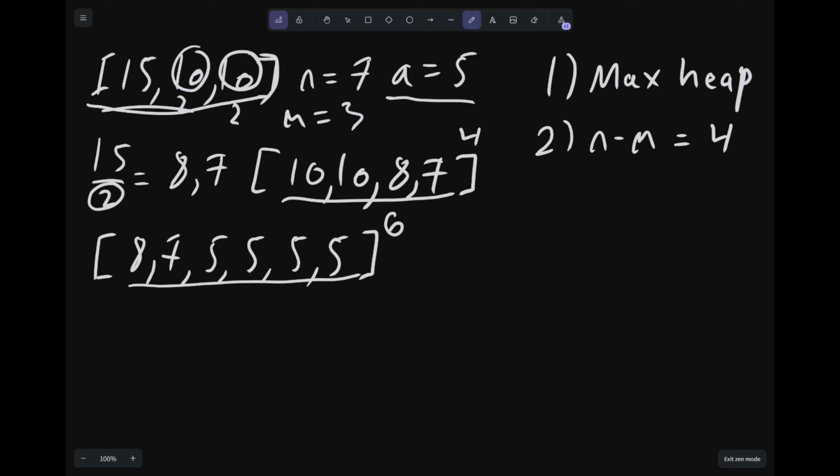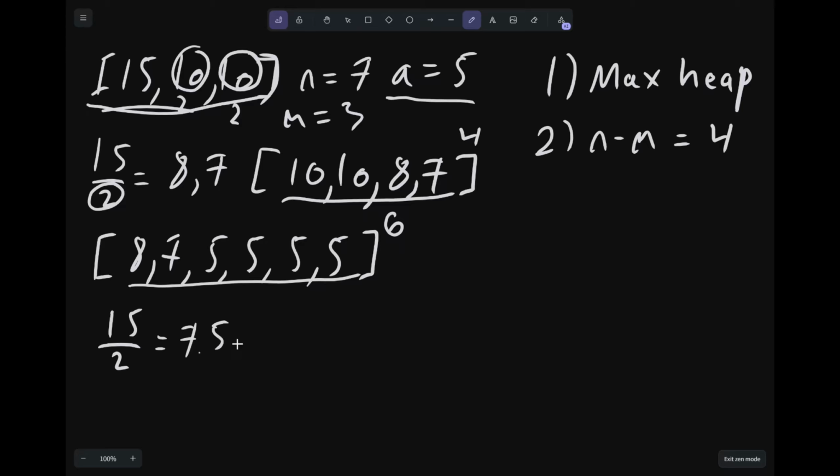Now, stop thinking about integers. We're going to be thinking about ratios for a second now. If you divided 15 by 2, you can't really simplify this fraction. If you wanted to look at it as a decimal, you could think of it as 7.5.